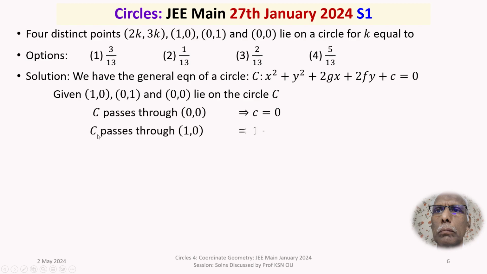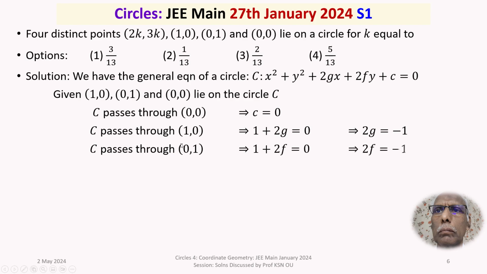And take the next condition, C passes through (1, 0). Substitute (1, 0) in the circle equation. Then we will get 1 plus 2g plus c is equal to 0. c is already 0. Therefore, 1 plus 2g is equal to 0. That will give you 2g is equal to minus 1.